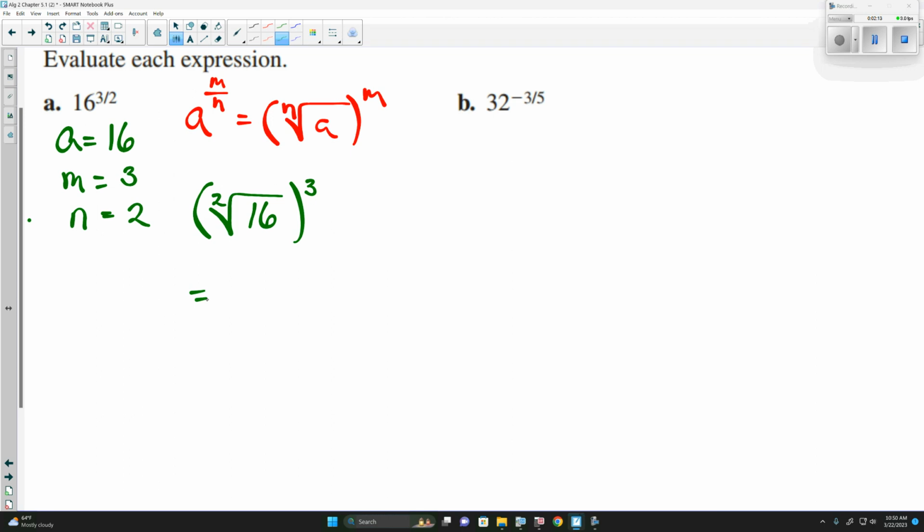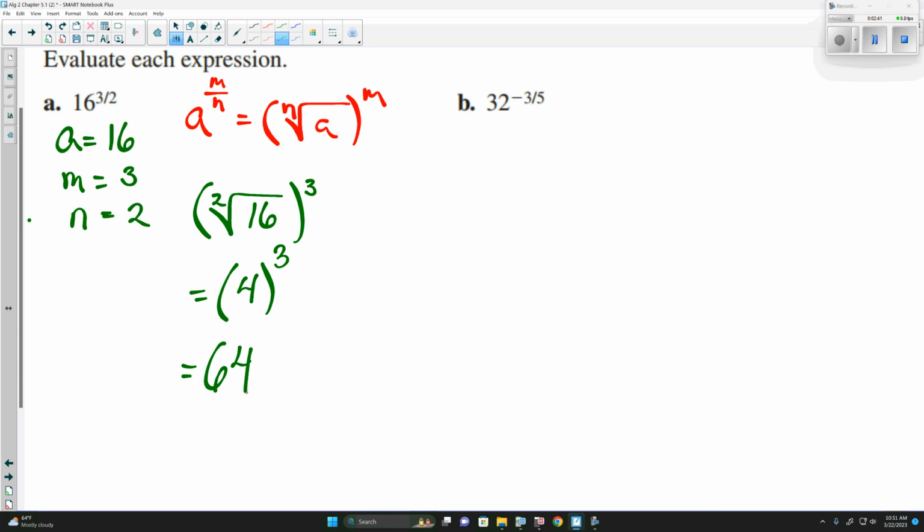And we can simplify from the inside out. So the first thing we can do is take the square root of 16. And the square root of 16 is 4, guys, to the third. And then from here we can take 4 to the third power, which is 64.